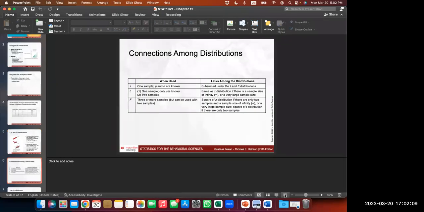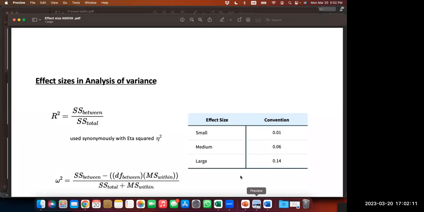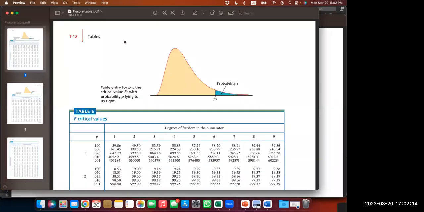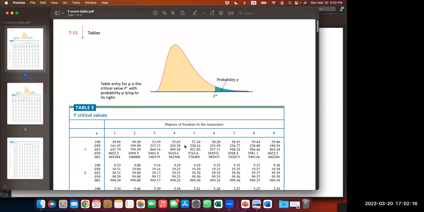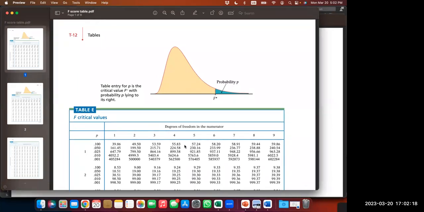Maybe just briefly, for the so-called F distribution, you have a so-called F-score table. So equally with the Z and the T, you're getting now a critical value. You're basically testing a cutoff value.